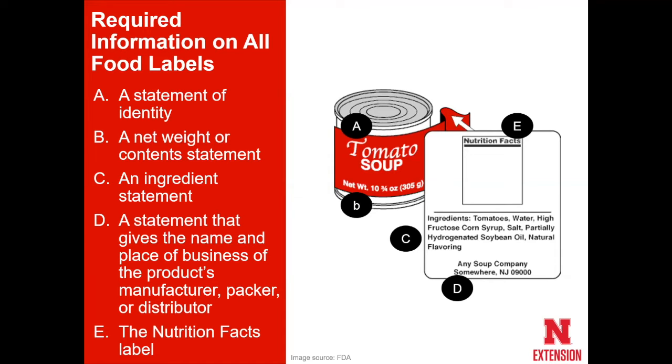There also has to be an ingredient statement, so they have to list the ingredients included in the food product. Another requirement is that they have to give the name and place of business of the company that produces the food products. And finally, the component which we'll review further is nutrition facts. That gives you the nutrition information that's available to make good choices when you're buying processed foods.